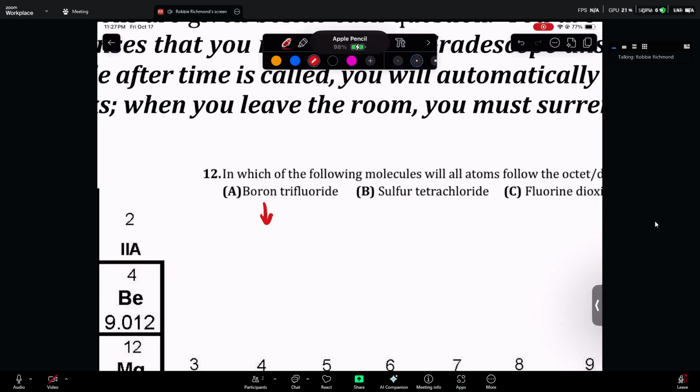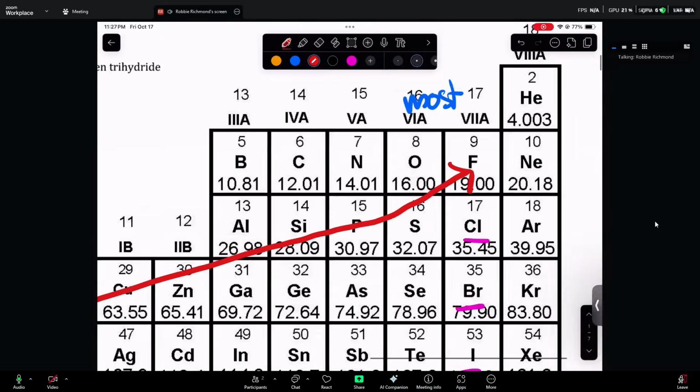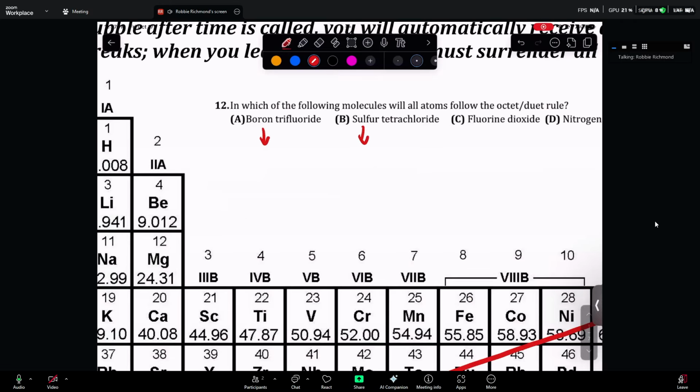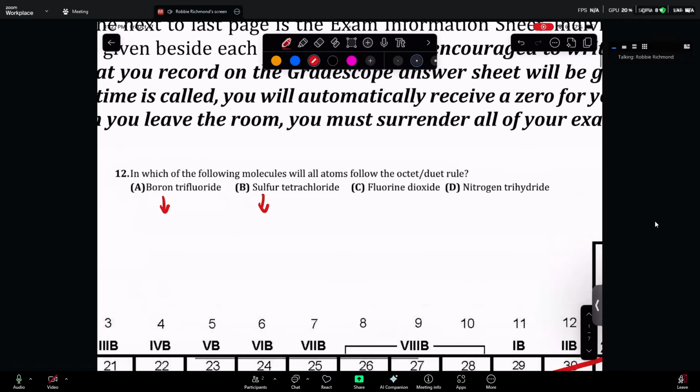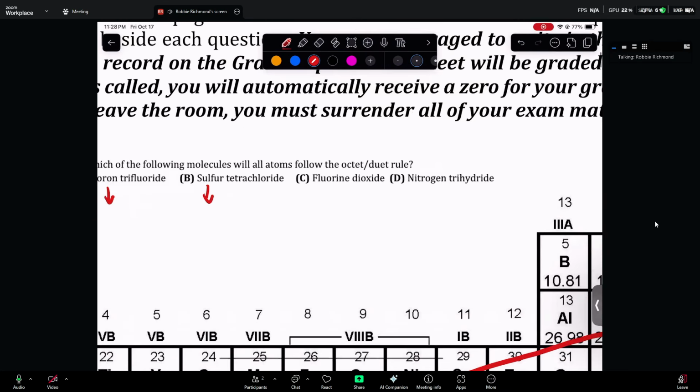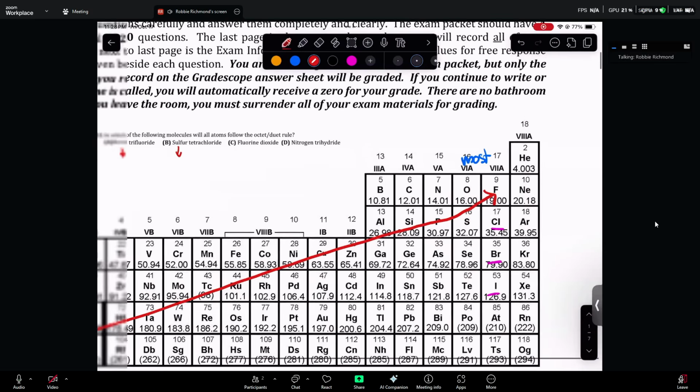I'm not going to completely mark that off as of yet until there's one that's undeniably unable to violate the octet rule. Sulfur, that is within the 3p level, so that can have an expanded octet. So little sus, but not completely out of the game yet. And then fluorine dioxide, I'm looking at fluorine.